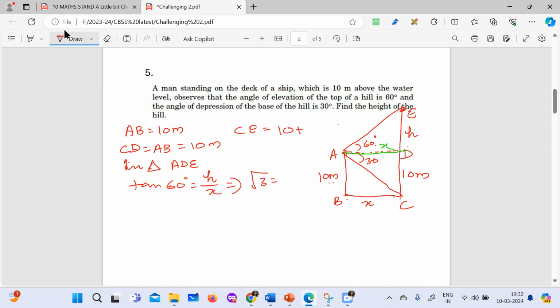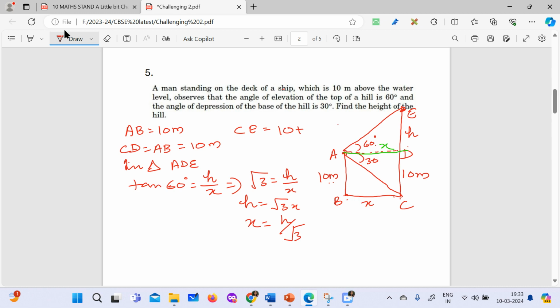Root 3 equals h over x, and this will give you h is equal to root 3 x. We can also say x is equal to h over root 3, whichever is required, we will take that.